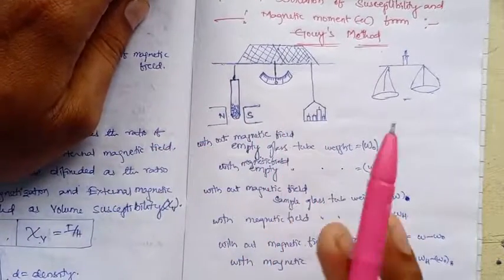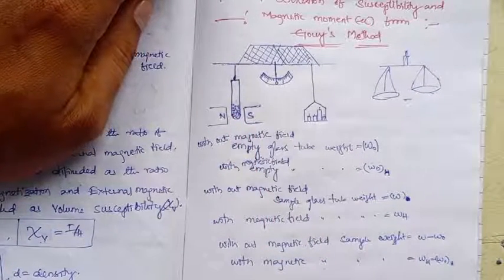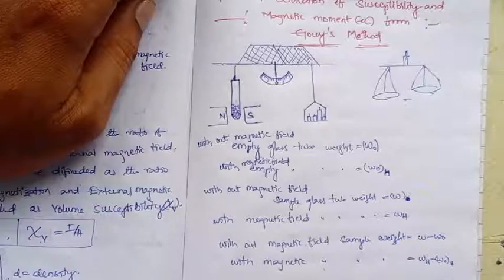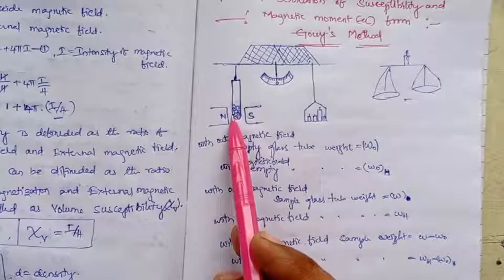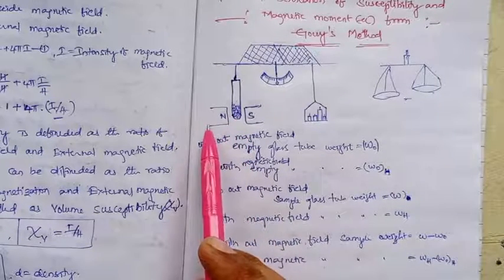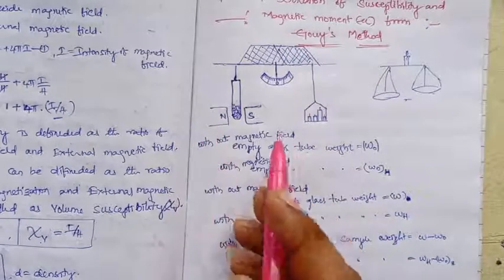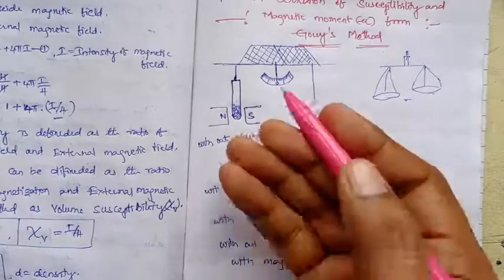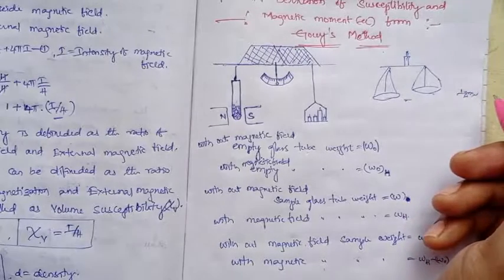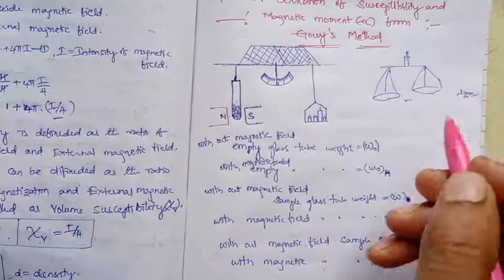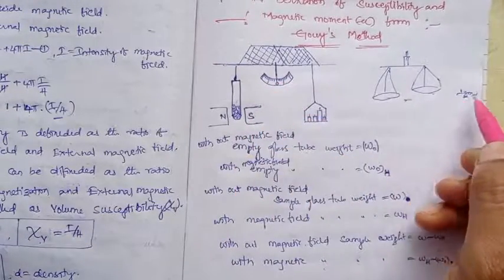Because if the sample you fill is a diamagnetic substance, then without the magnetic field, if you record 1 gram of weight, it has the zero labeling, so you consider its weight is 1.